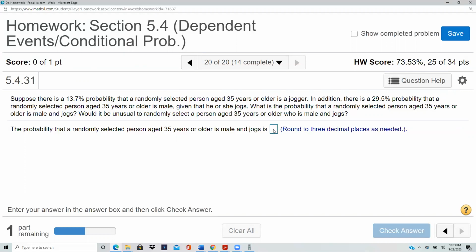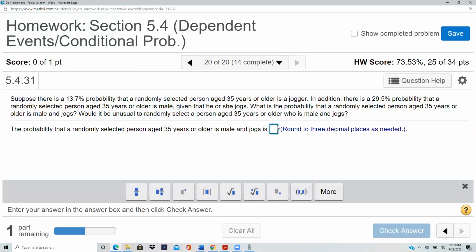So male given jogs is equal to 29.5%, so 0.295. What's the probability a 35 or older is a male and jogs? So it's the problem where usually we have to find this given part, but this time the given part is given to us. The male given jogs is 0.295.